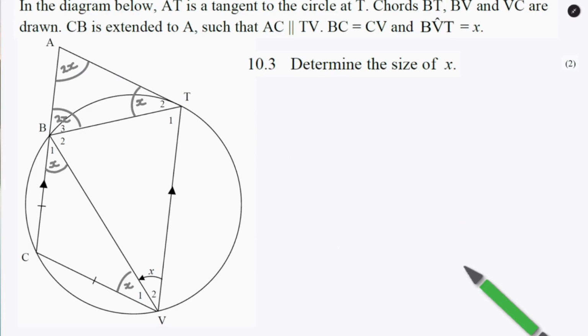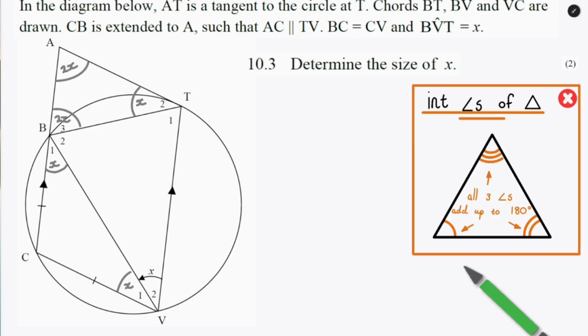And rounding out question 10, we need to determine the size of x. A good strategy for this is if you can find a triangle, we can add up all three angles of the triangle to 180 degrees and then solve for x. But we have to look for a triangle where we know all the angles in terms of x.